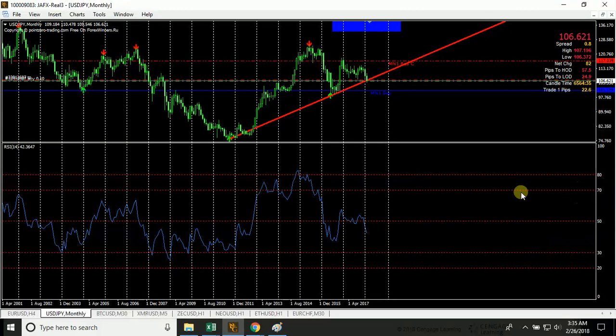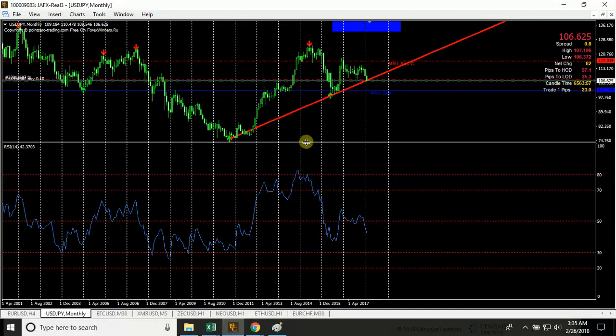And when it breaks all the way down through and starts trending below 50, we're in a downtrend. Downtrend, uptrend, downtrend, uptrend. If we look here, we're in a downtrend. We broke through. Now we're in an uptrend. Downtrend. You look down here in the RSI. Downtrend. We broke through. Now we're in an uptrend. Clear as day.